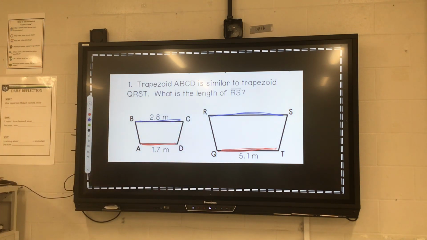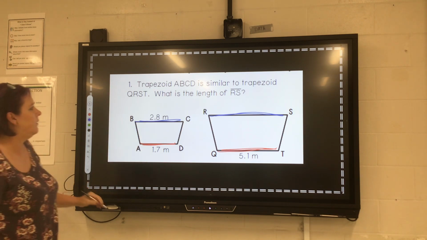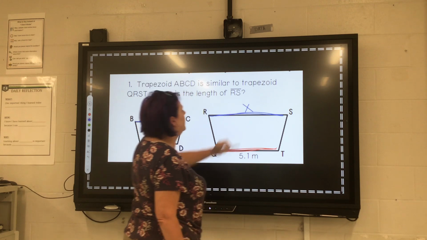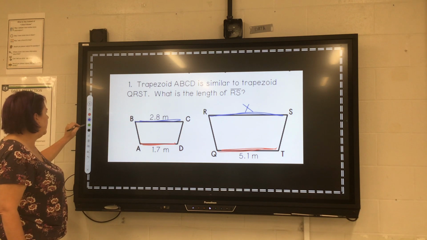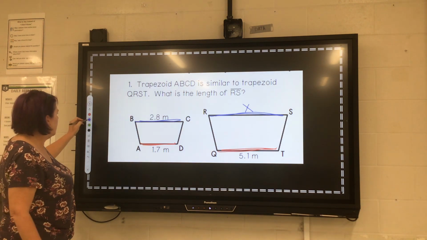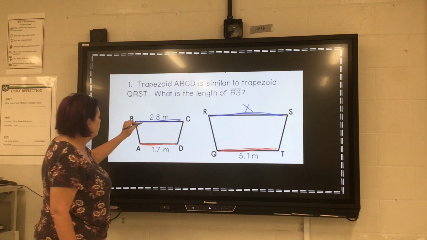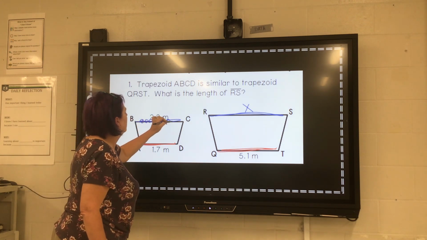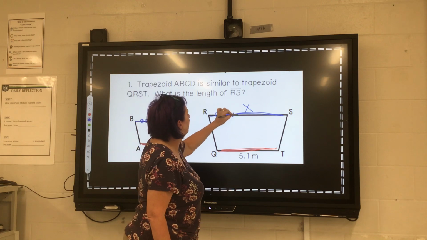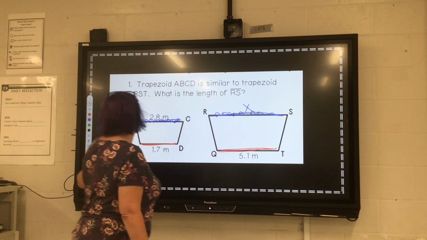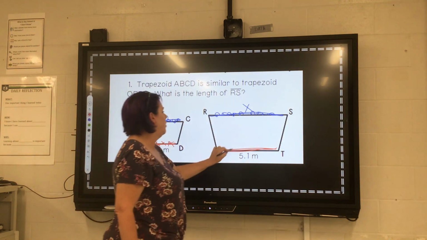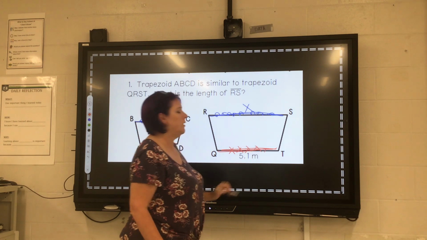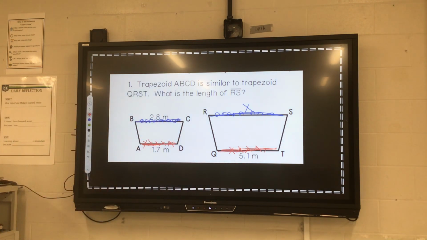Okay. The trapezoid ABCD is similar to trapezoid QRST. What is the length of R and S? We are looking for this side here. Okay. Now, if you happen to not have any colors, you can mark them by just making circles and making X's, just so you can differentiate which side goes with what, because that's important in setting up your proportion.